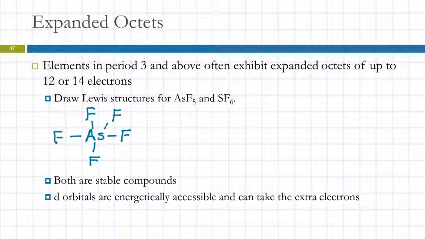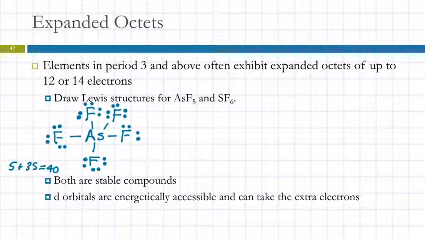Arsenic has 5 valence electrons, and we've got 5 of the fluorines. 5 times 7 is 35, so we've got 40 electrons here. So we've got 2, 4, 6, 8, 10 in the bonds, 12, 14, 16, 18, 20, 22, 24, 26, 28, 30, 32, 34, 36, 38, 40.